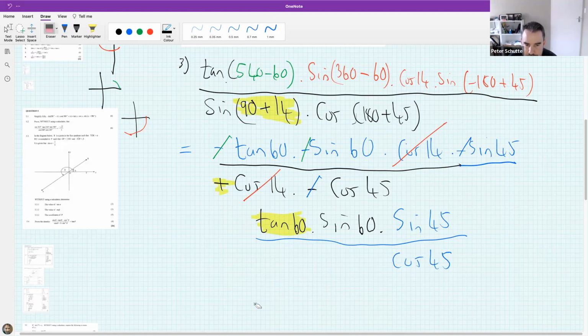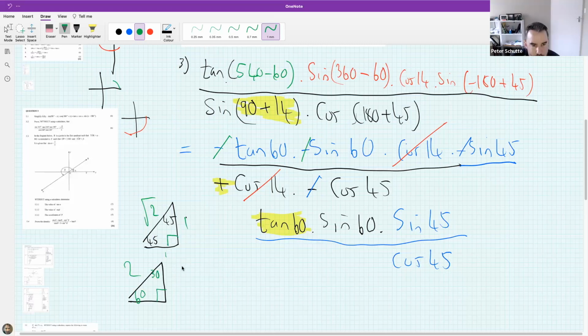You're quite right. So if I was doing special triangles, I need 2 of the triangle on the side. So I'm going to go 45, 45, root 2, 1, 1. And here, I'm going to have root 3, and this is going to be 1. So I need to substitute values.